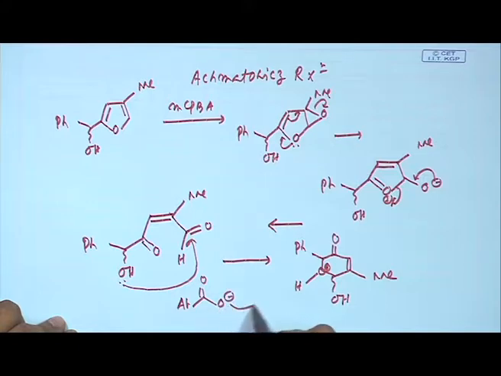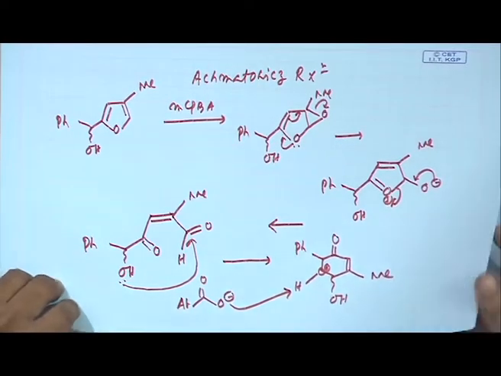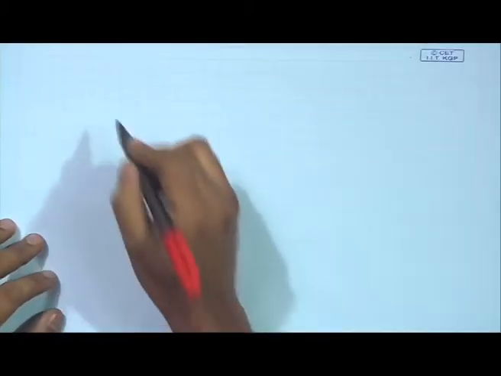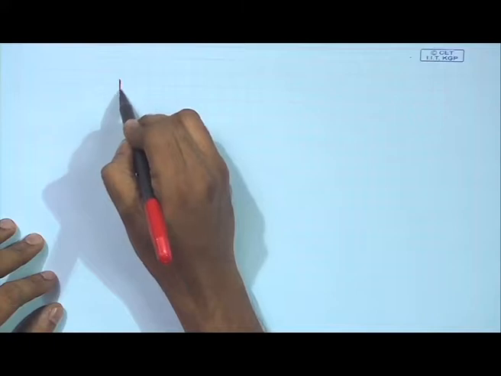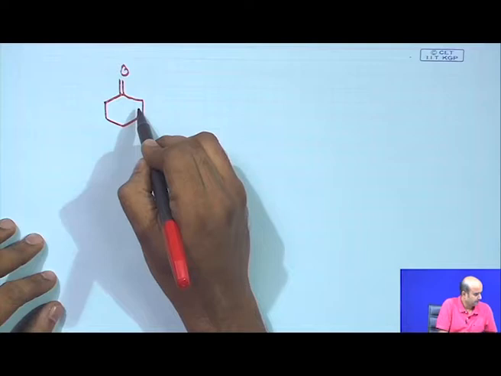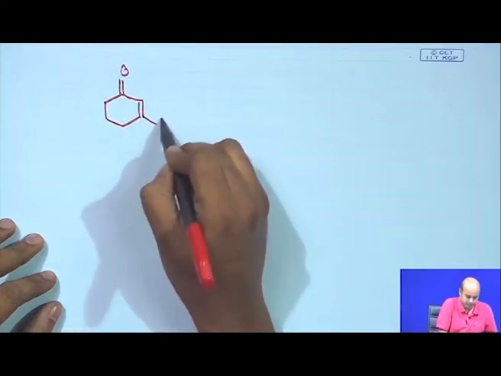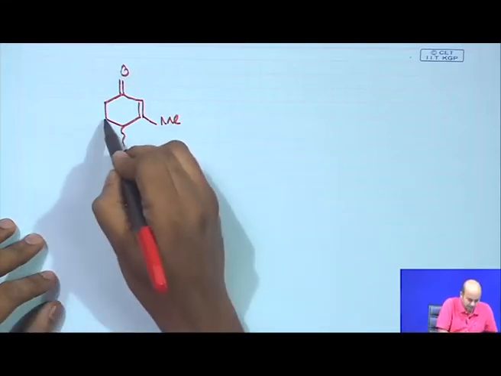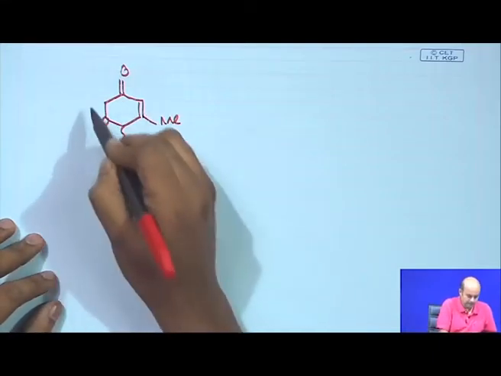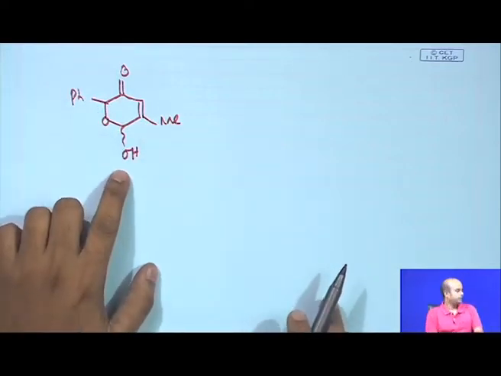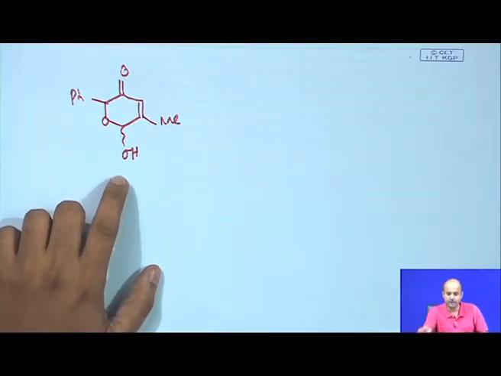So, this basically picks up this hydrogen, and once it picks up this hydrogen, the final product which will come will have a structure where these groups remain the same, you will have this hydroxy here, and you have these things, and then you have this phenyl. So, this is basically your 6 member lactone, 6 member lactone.